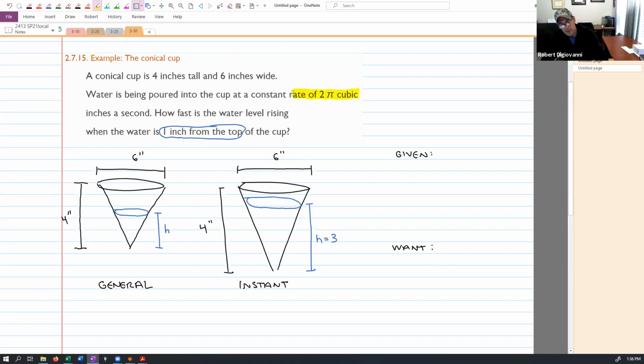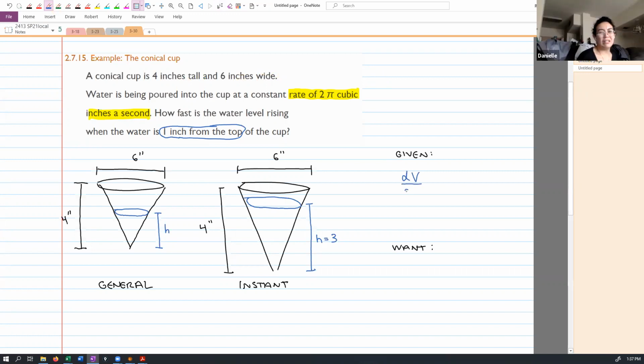This is a rate that's given to us. And that's the rate that what's changing? Volume. The volume of the water, right? So we should call it dV. dV/dt is given to be 2 pi cubic inches a second.